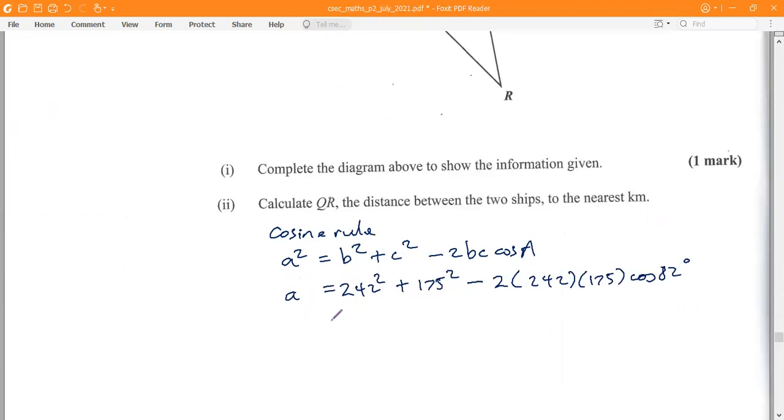All right, so we want to work this out with our calculators. So 242 squared, and we get 58564, plus 175 squared.